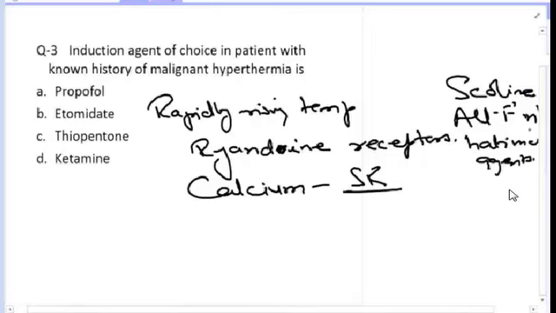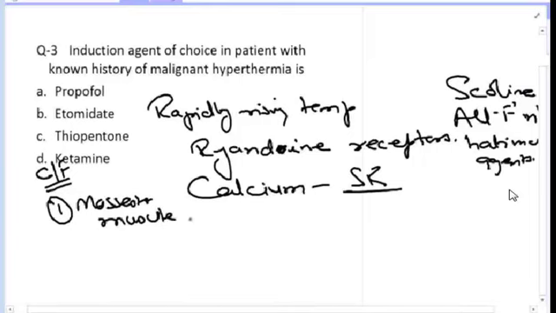Now, what are the clinical features? Clinical features include masseter muscle spasm. This may be the most initial sign in patients susceptible to malignant hyperthermia.